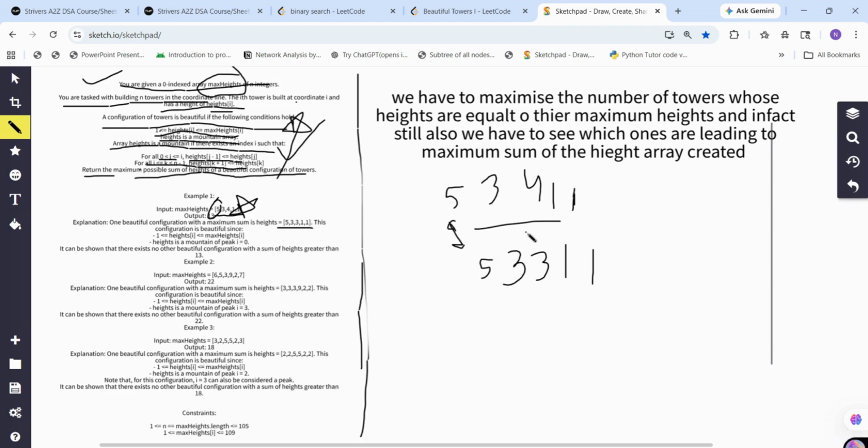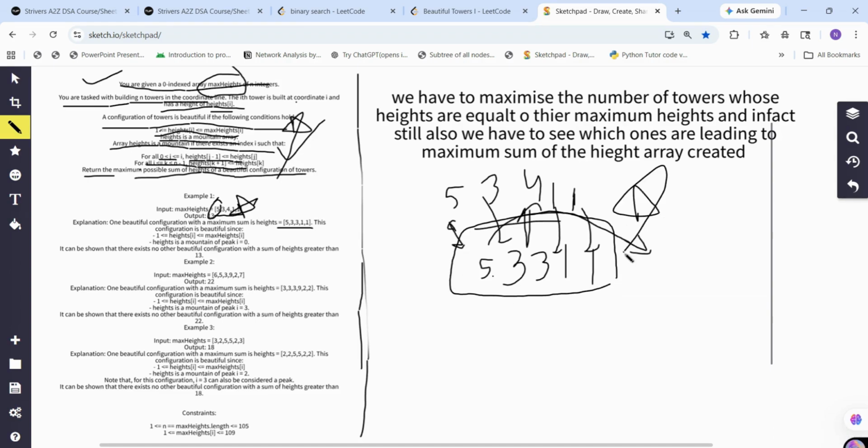I want someone in the middle acting as a peak, so it drops from here continuously, and it works for me. It is equal to its maximum height, and in fact it is still less than or equal to its maximum. So the maximum sum possible, you don't need to change this, and it gives the maximum sum: 6 plus 5 is 11, plus 2 is 13, the maximum output of this example.